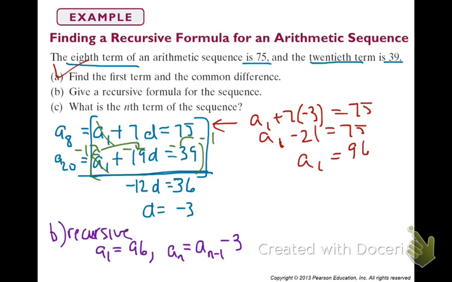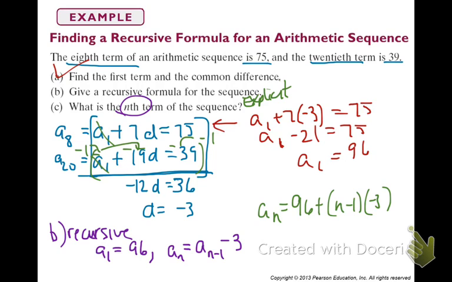So then that just leaves us to write the nth term of the sequence. The nth term, what are they asking you for? They're asking you for the explicit. You've had plenty of practice on that one. So for our explicit formula, a sub n equals, what was our first term, a sub 1? 96 plus our n minus 1, our difference was a negative 3.